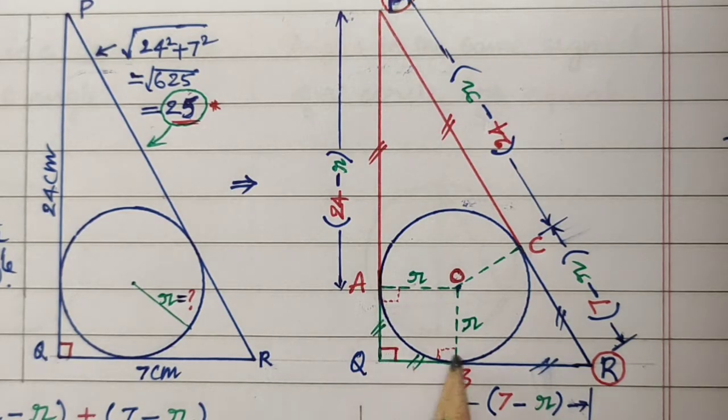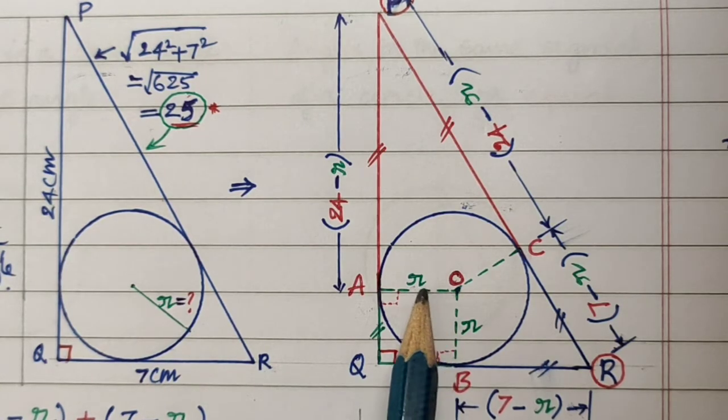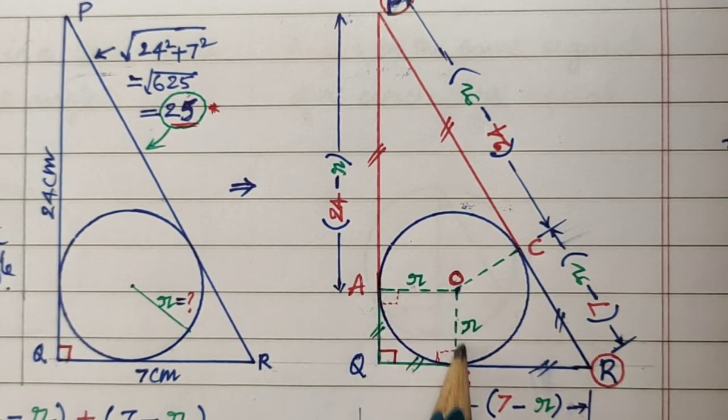When three angles of a quadrilateral are 90 degrees and the adjacent sides are equal, then it is a square. Therefore, AQBO is a square.